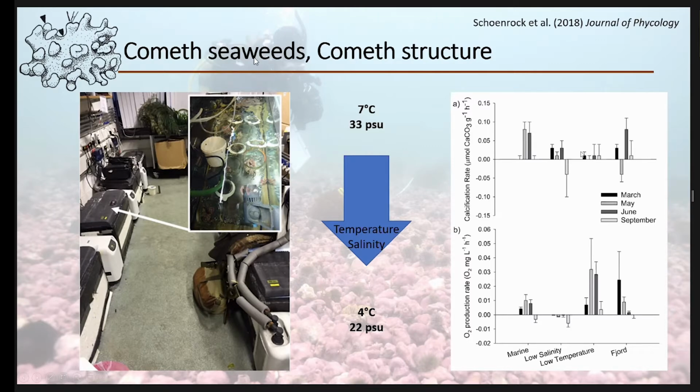Calcification rate's pretty constant. And then if you look at the fjord conditions with the low salinity, low temperature, oxygen production decreases through the summer, but their calcification signal is really off. So this species actually seems to not be able to tolerate low salinity, and that may be driving its absence in this major fjord system.